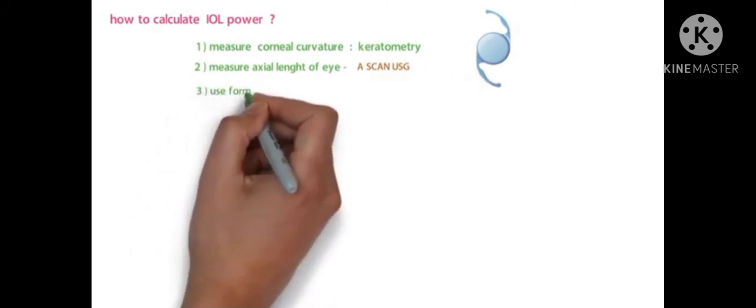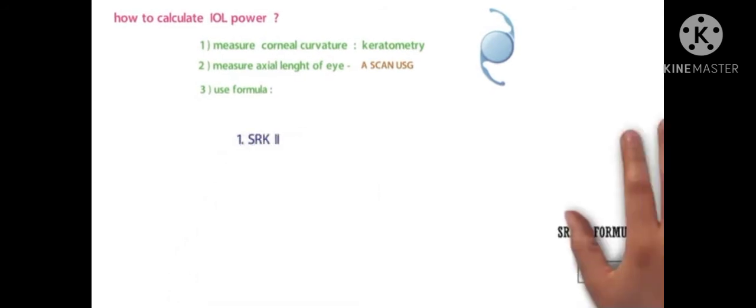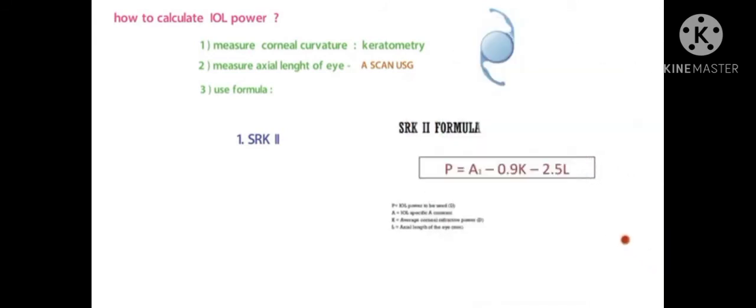The most commonly used formula for the calculation of intraocular lens power is the SRK II formula, in which P stands for the intraocular lens power, A stands for the A constant of the intraocular lens, K stands for the power of the cornea, and L stands for the axial length of the eye.